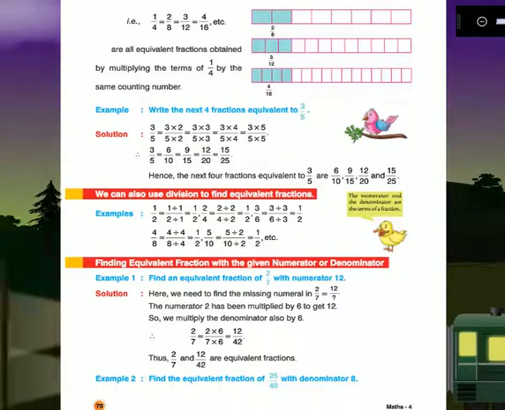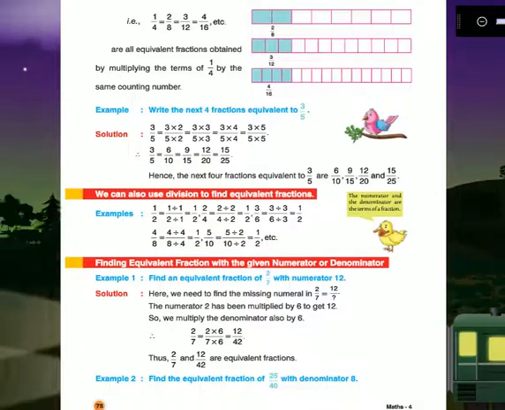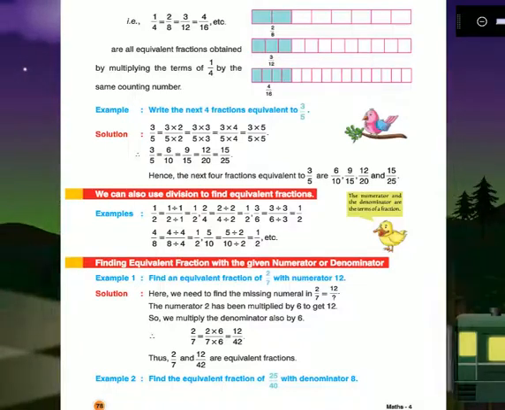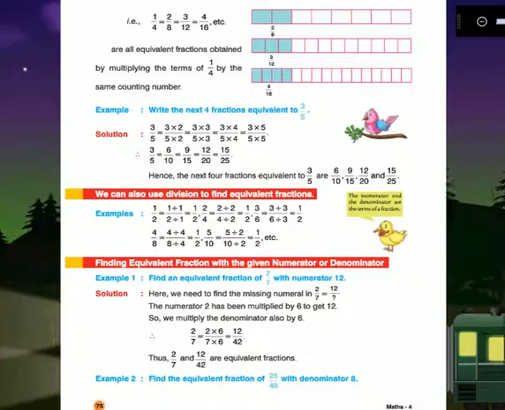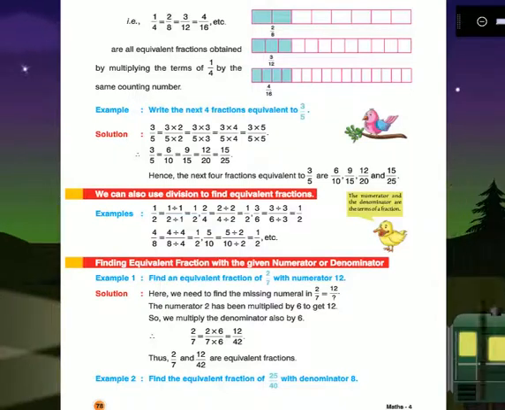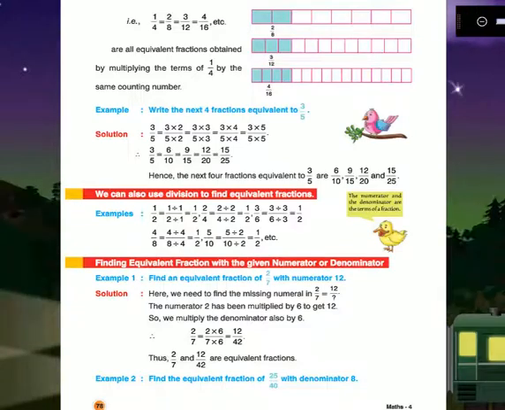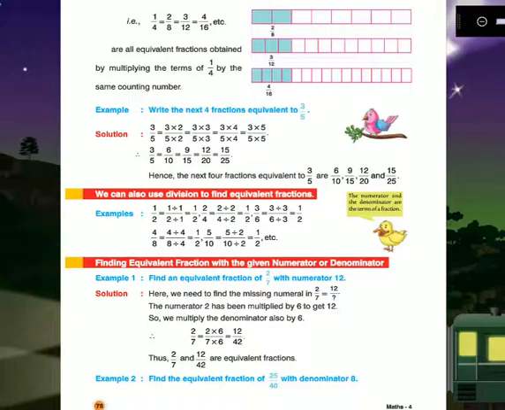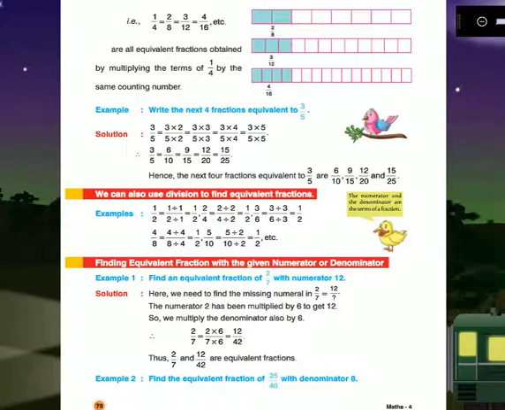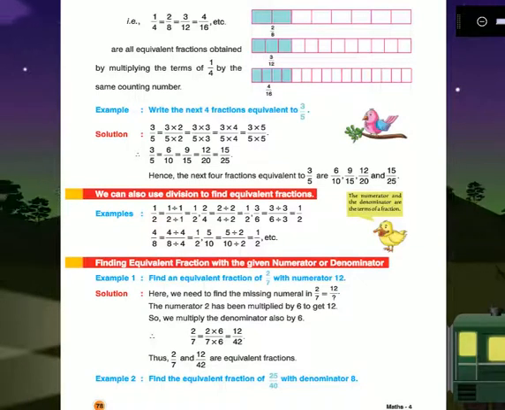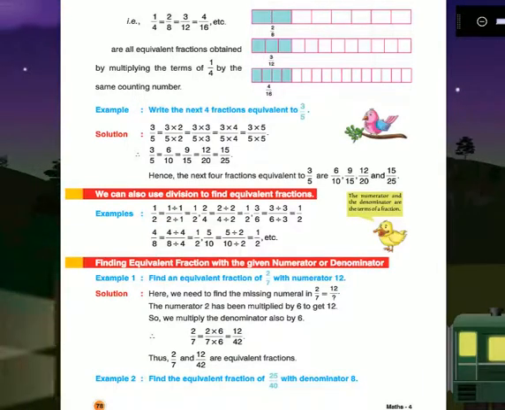Finding an equivalent fraction with a given numerator or denominator. Example 1. Find an equivalent fraction of 2 by 7 with numerator 12. Solution. Here, we need to find the missing numeral in 2 by 7 is equal to 12 by question mark.